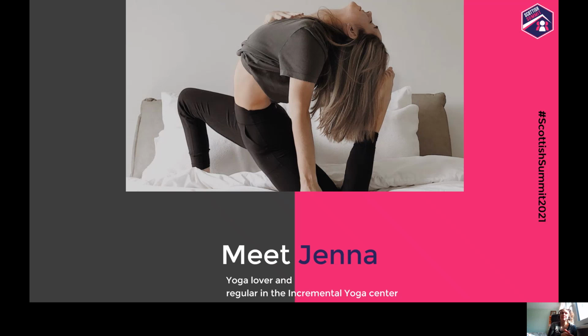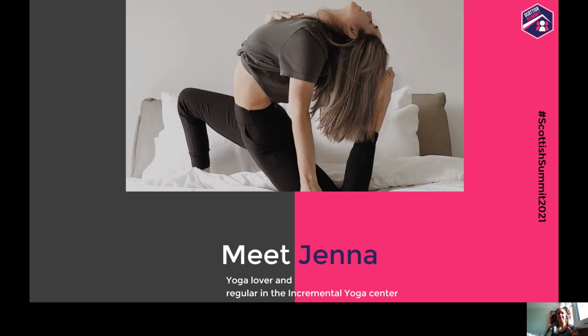The first scenario I'll show you is a marketing situation developing from Jenna's point of view, from the eyes of Jenna. So if we jump into the system, just for completeness, the first scenario is going to be what Jenna sees when the Incremental Yoga Center has run their marketing campaign.